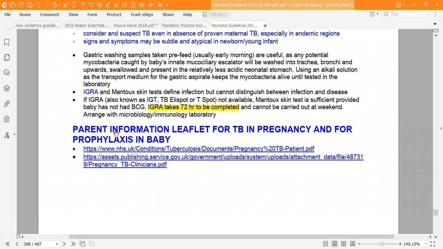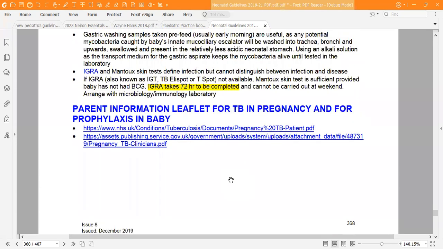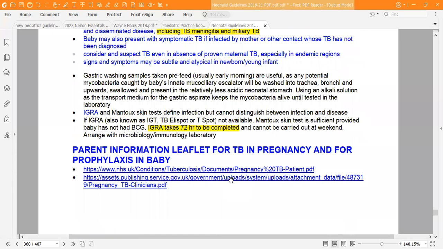Here we have a parent information leaflet for TB in pregnancy and for prophylaxis in the baby. So these are the links for the parent information leaflet. We have finished the TB neonatal guideline from the neonatal guideline book, the blue book.